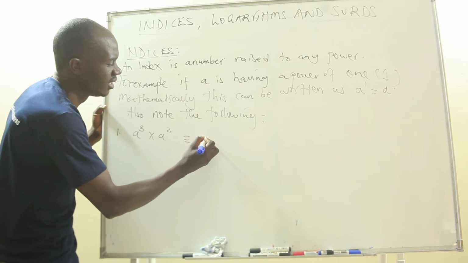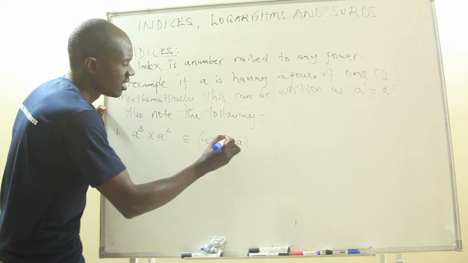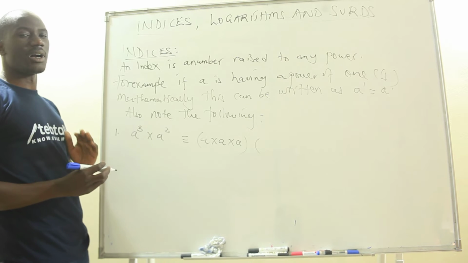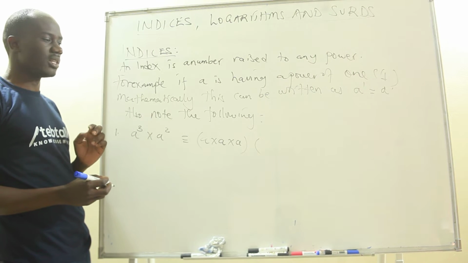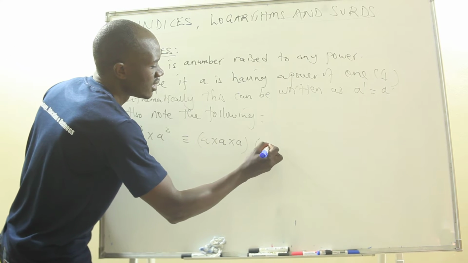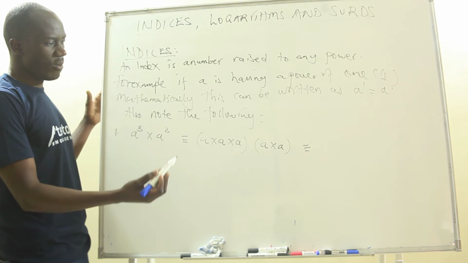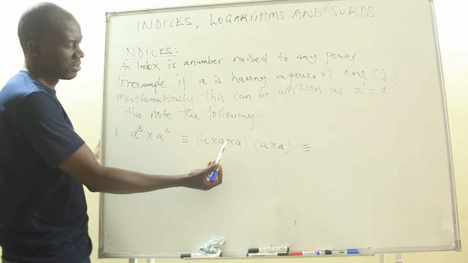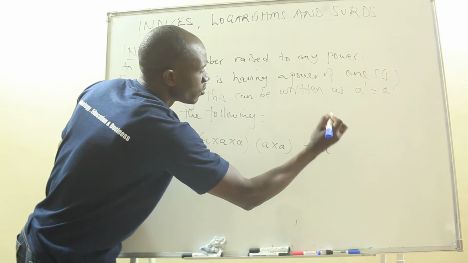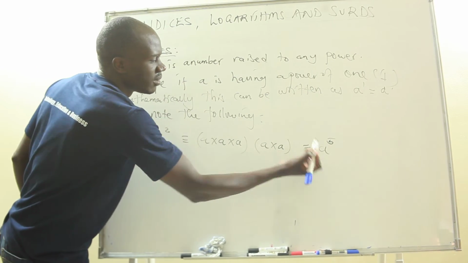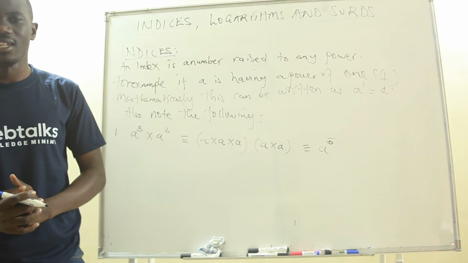So we can say a times a times a, times again a squared, which means a is appearing 2 times, a times a. So how many a's are here? 1, 2, 3, 4, 5. So this is the same as a to power 5. So this one becomes an index, a is an index, an indice.